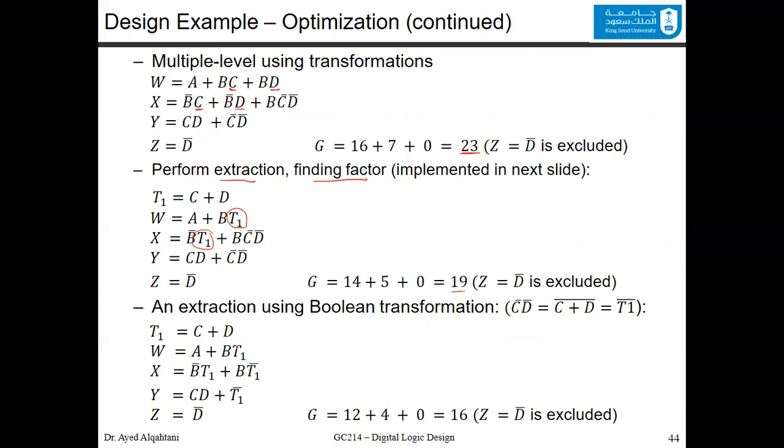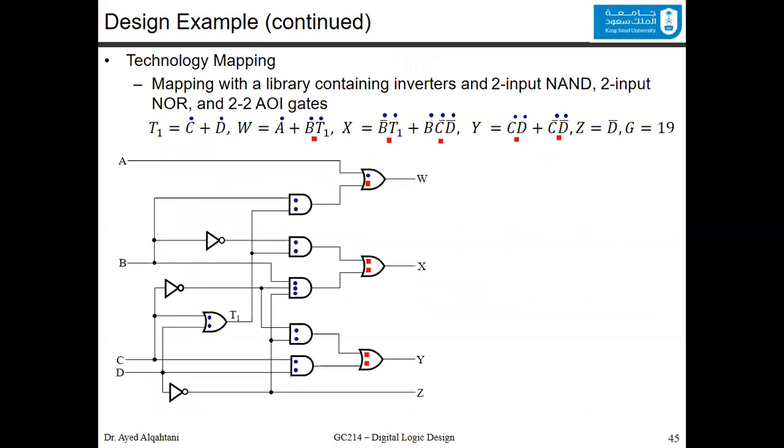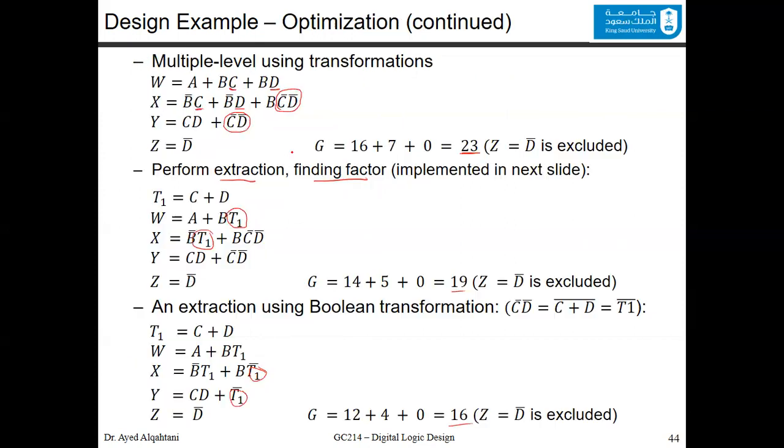By doing this, you could now also have T1 here and also here, because you notice that you have C bar added with D bar, and you also have it here. So you take it out and you replace it by those values. All of these transformations in hope that we are reducing the cost of the function, and we really reduce it to 16.